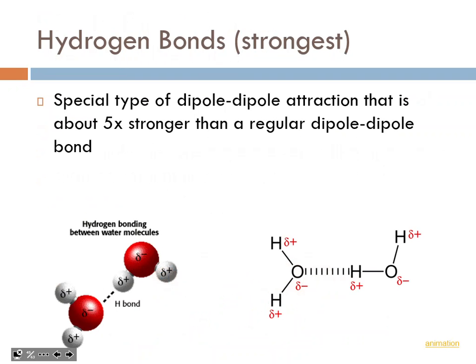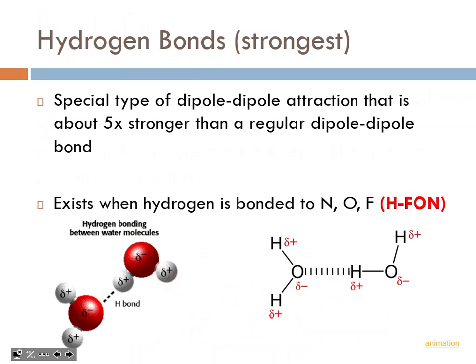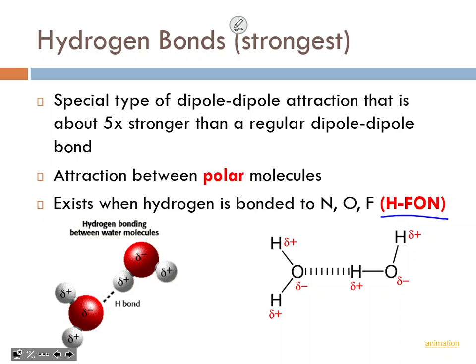Now for water, our hydrogen bond example. It is a special type of dipole-dipole attraction, about 5 times stronger because the electronegativity difference is pretty high. And it's an attraction between polar molecules, but you have to have an H bond. You have to have H with F, H with O, or H with N, or it does not work. Okay? H with F, H with O, or H with N. So now you're going to do some quick practice looking at shapes, molecules, and determining their forces.